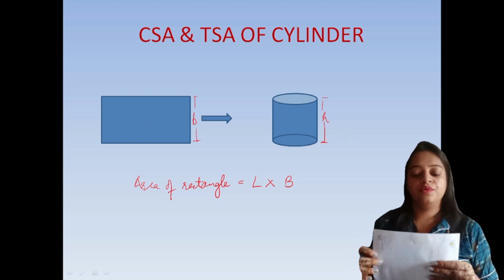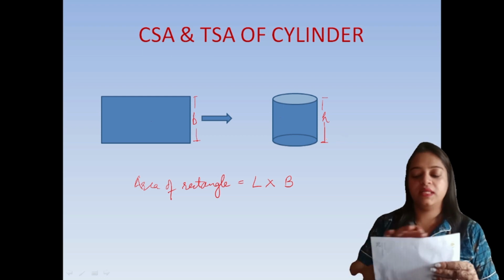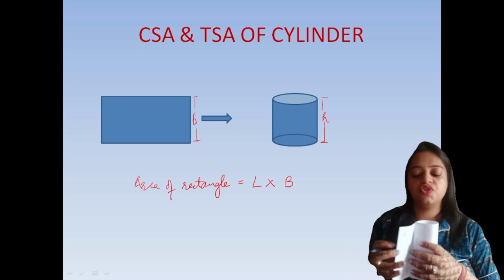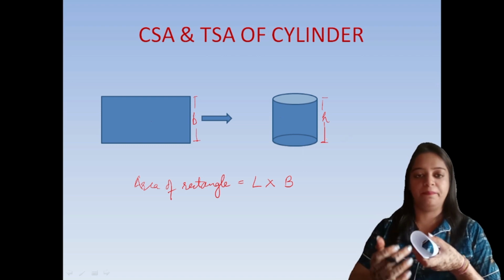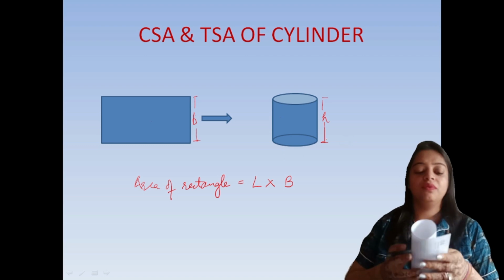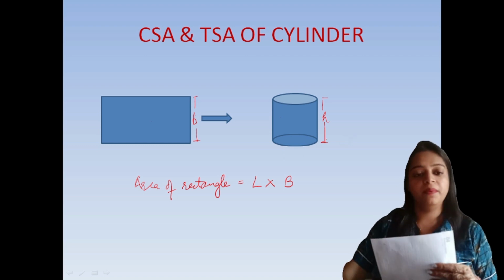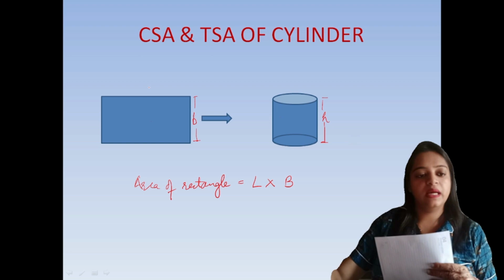Now observe one more thing, that this length of rectangle, when we roll this sheet, it takes a curved shape, right? It becomes a circular shape. So what will be the length of this circular shape? I am writing here, this is length of rectangle, right?